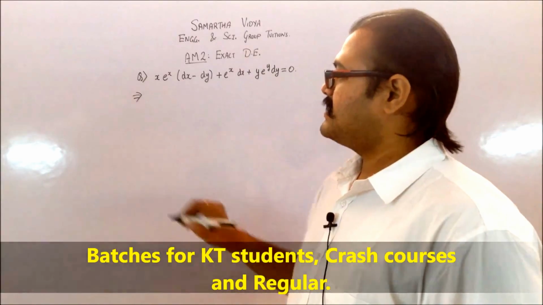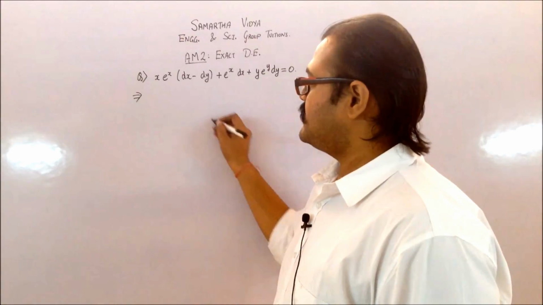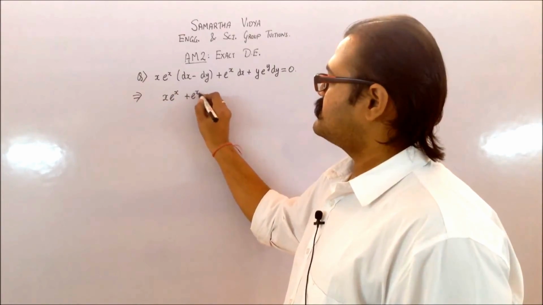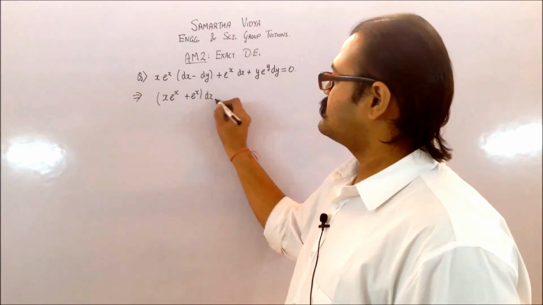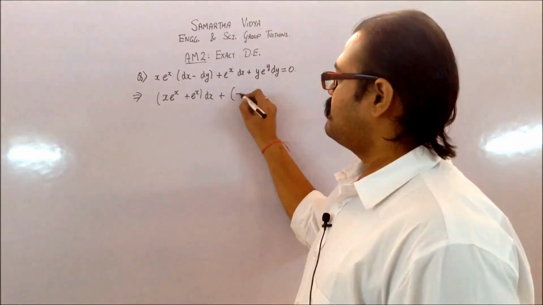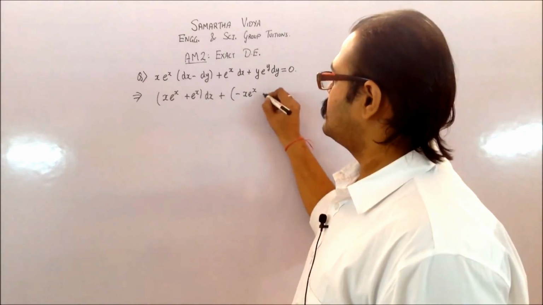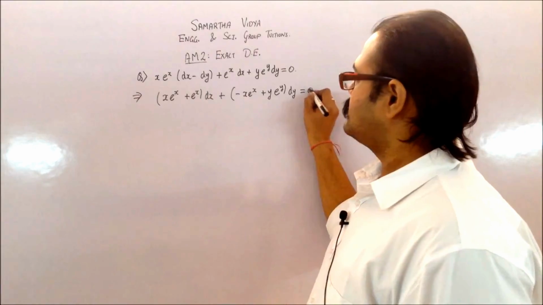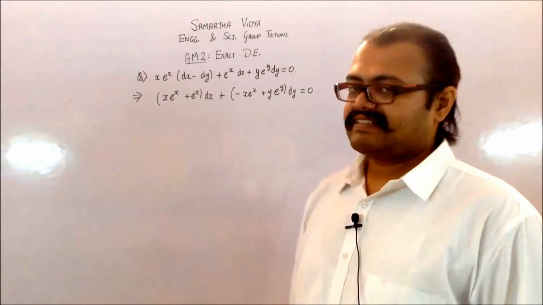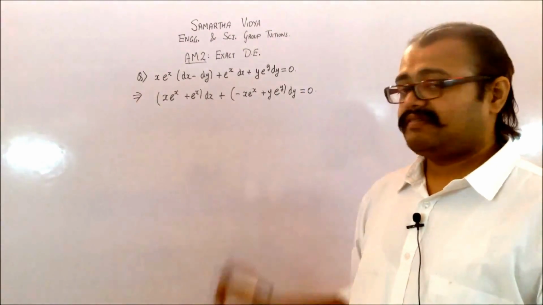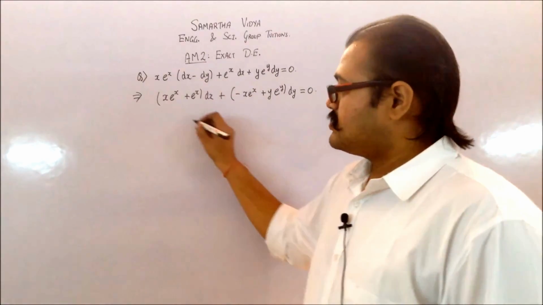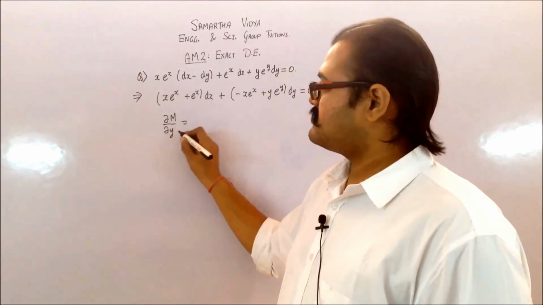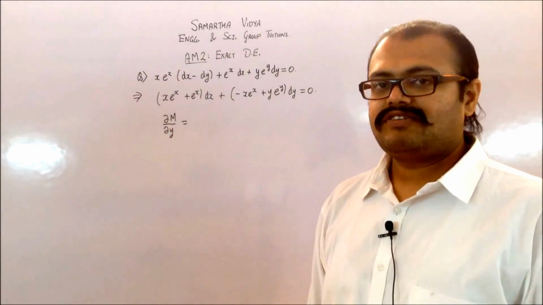On opening the bracket and rearranging them, the dx terms will be x e raised to x plus e raised to x into dx, and the dy terms are going to be minus x e raised to x plus y e raised to y dy. So now you have this as m, and this term is nothing but your n. So we have to find dou m by dou y, which is differentiation with respect to y for your m.